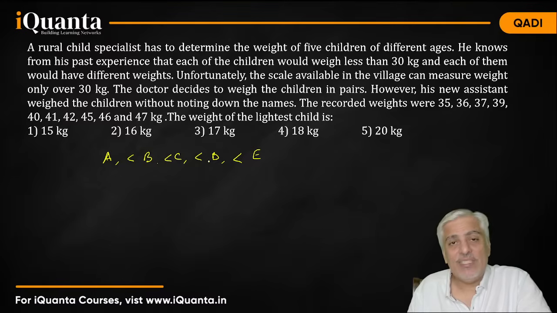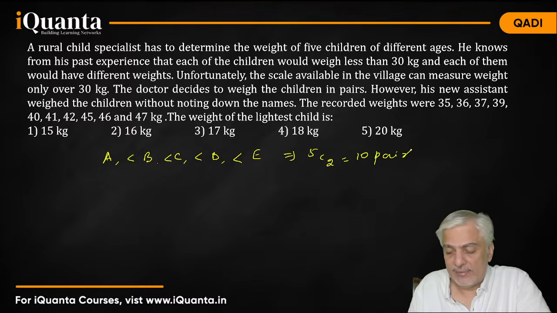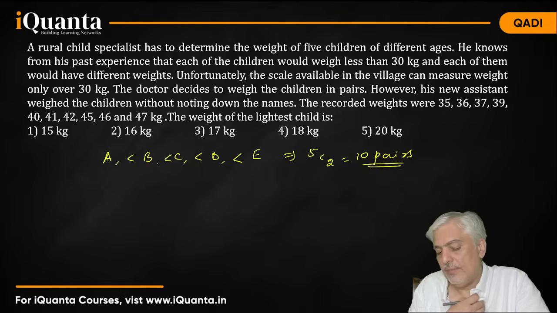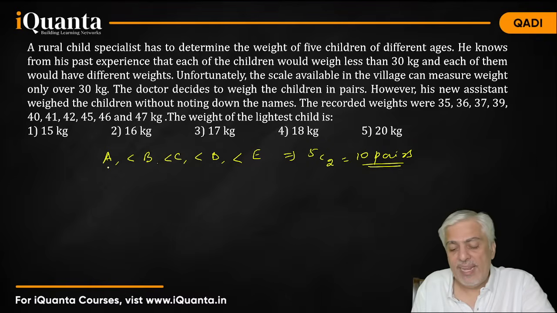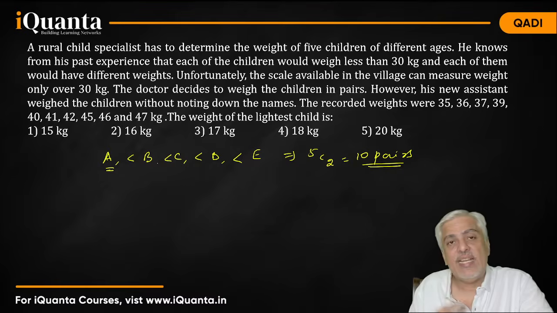There are 5 things, so we'll have 5C2, 10 pairs. Now, if you think from A's perspective, A with B, A with C, A with D and A with E, there will be 4 pairs with A, and there will be 4 pairs with everybody.